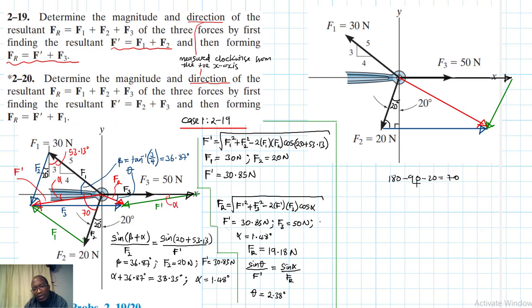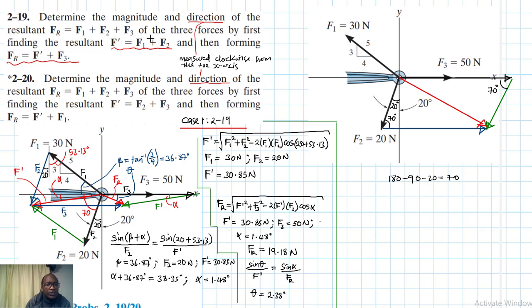So this one here is 70 degrees. Agree? Then let me rub this right angle out. If that is 70, we expect this also to be 70 degrees.